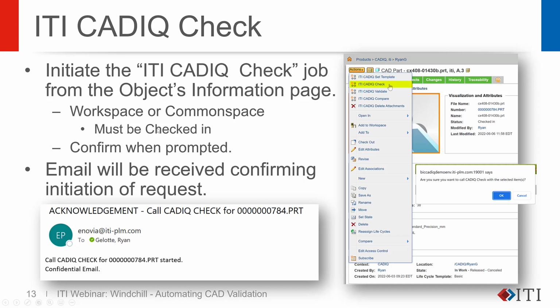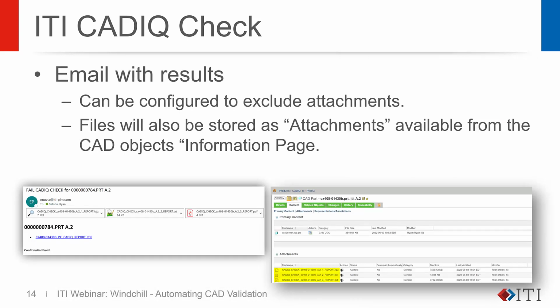And it does require the object to be checked in. It can be invoked from your workspace information page or your common space information page. It just does require the object to be checked in. You will receive an email confirming the initiation of this request. So once the job is complete, you'll get an email with the results.